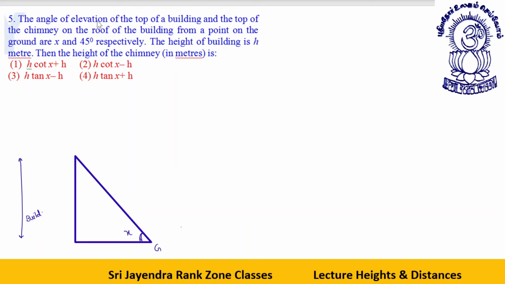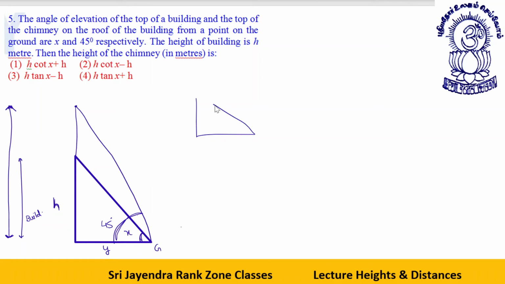Then the elevation of the top of the building and the top of the chimney on the roof of the building. Let's say this is the chimney, fine. So the elevation of this point is 45 degrees. This is why there is a 45 degree angle like this.